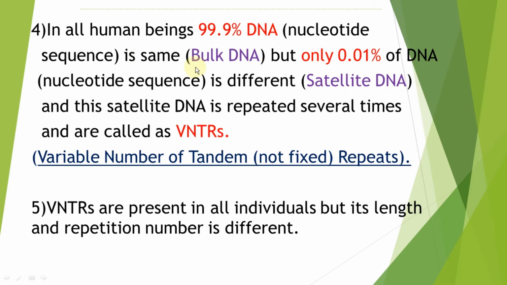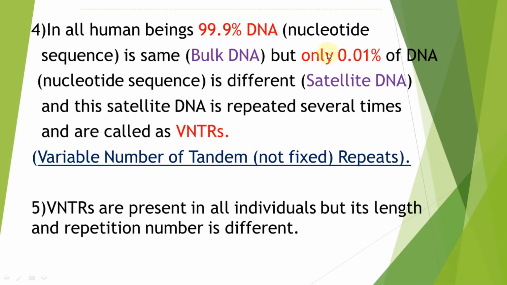That which is the same in all individuals is called bulk DNA. But only 0.01% of the DNA, that is the nucleotide sequence, is different. We all are different from each other.